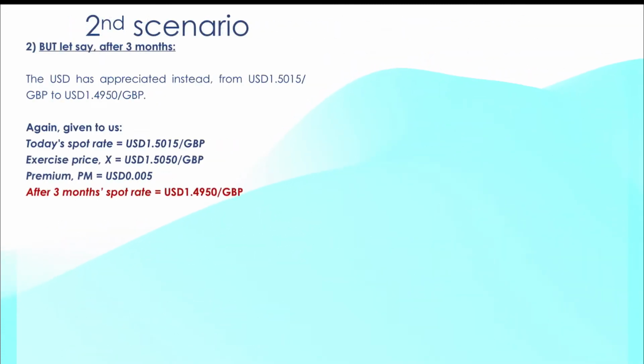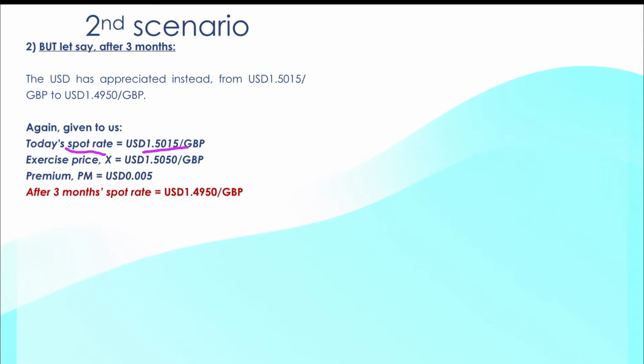Second scenario. Let's say after 3 months, the USD has appreciated instead, from 1.5015 per GBP to USD 1.4950 per GBP. Again, given to us, today's spot rate is 1.5015, exercise price is 1.5050, the premium price is 0.005.